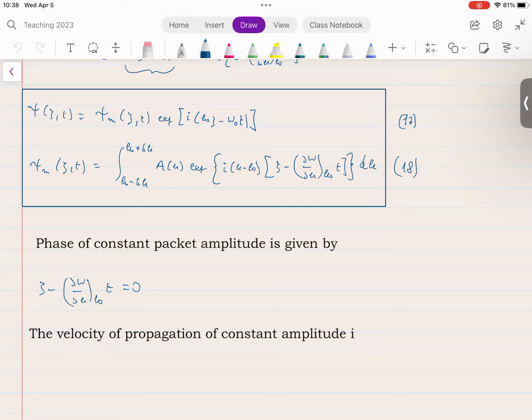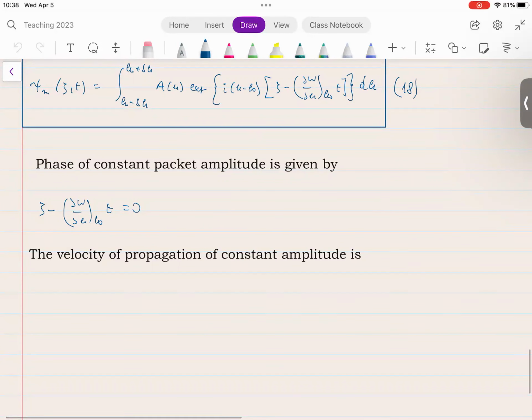Well, I just take the derivative. d zeta dt is equal to the partial of omega with respect to k, calculated at k0. And this quantity is what is called the group velocity.